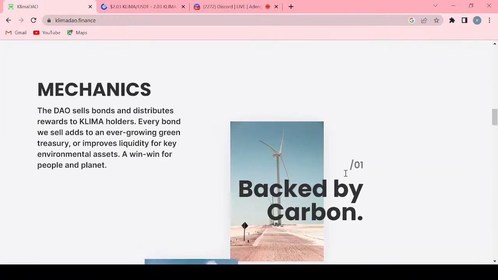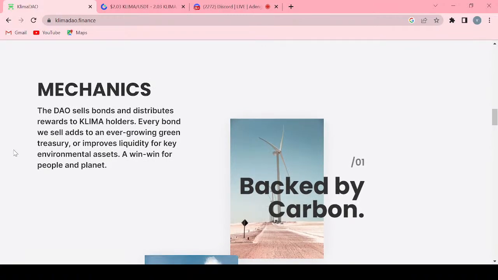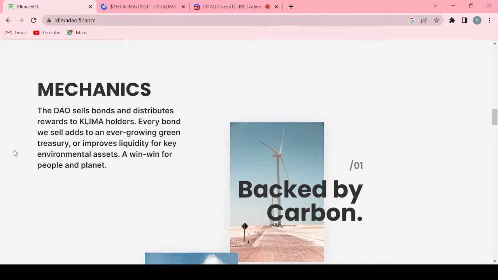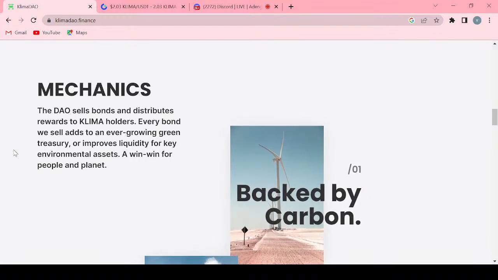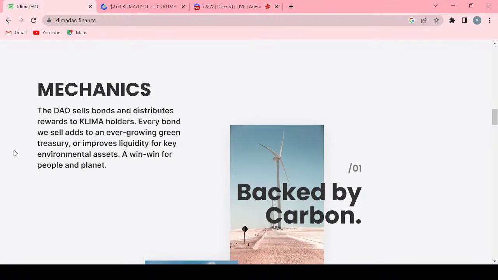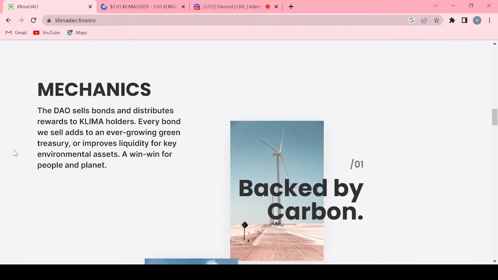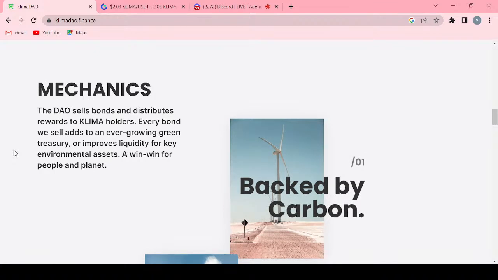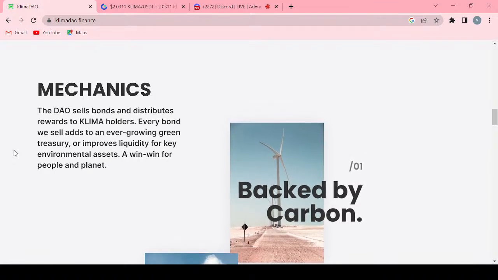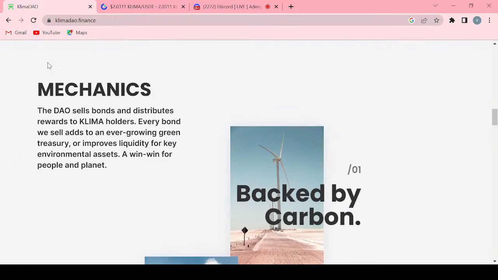Next we can move on to the mechanics. The mechanics are that the DAO sells bonds and distributes rewards to Klima holders. Every bond that they sell adds to an ever-growing green treasury or improves the liquidity for key environmental assets, a win-win for people and planet.